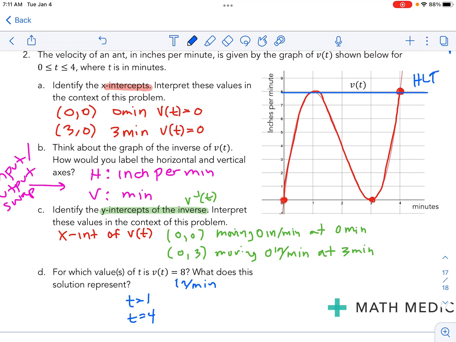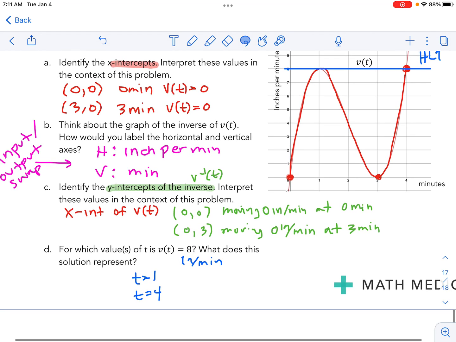Okay? And so if you notice, even if we move that line, let me take this line and relocate it, right? If we move that line and apply that horizontal line test anywhere, we can see that it crosses the function more than once. So we know that this is not 1-to-1.